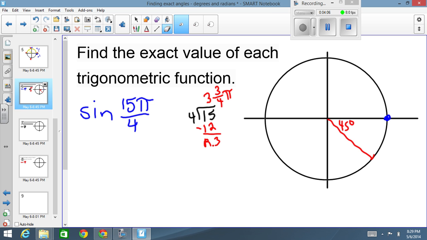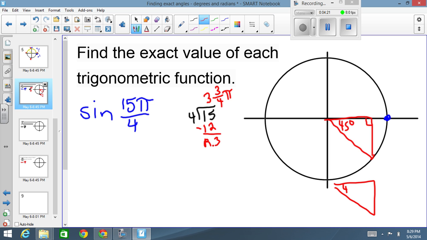Okay, now that we've gotten the angle, now this just becomes like the ones we just did with the degrees. We make a right triangle with a 90. Now we have a 45, 45, 90, so I'll put my little 45, 45, 90 template down here. I know that the two shorter sides are the same, and then the hypotenuse is n radical 2.